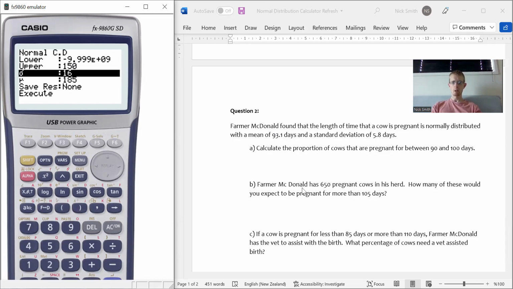Here, how many would be more than 105? So more than 105. So 105 is the lowest we're interested in, the least amount of days. And everything more than that is what we would be interested in finding out about. So our lower number would be 105. But then our upper number, the most it could be, well, there is no most. It's just saying more than 105. If there's no most, we'll just put a big giant number there for that.